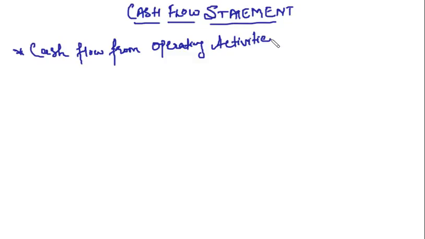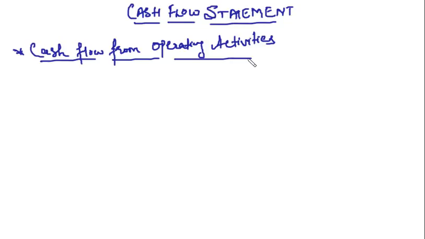So what is an operating activity? Any activity relating to the routine operations of the business is an operating activity. While calculating the cash flow from operating activities, we have to consider two things. One is whether that activity is relating to the routine operations of the business or not.